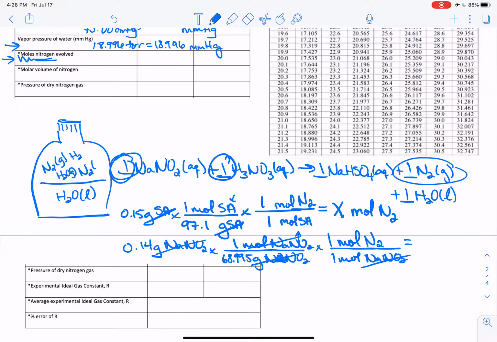Okay. Now we can finally write a number right here for moles of nitrogen evolved. So you're going to look at the number X and the number Z, and whichever one of those is less, that's going to be your theoretical yield.